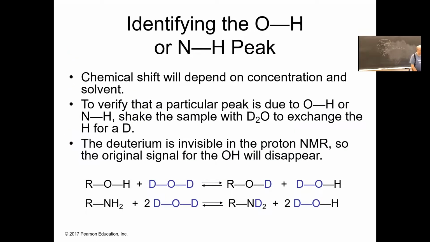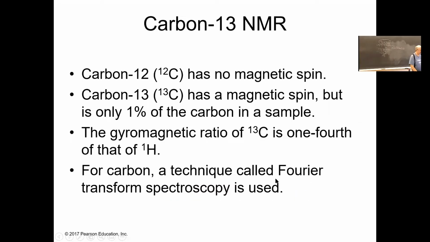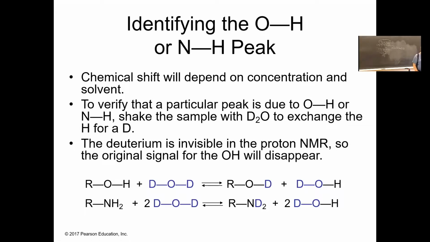And this is what I mentioned earlier. One way we can verify that we have an NH or OH peak is to shake the sample with a small amount of heavy water, deuterium oxide. And if that's the case, the signal will disappear. You might also mention that since deuterium doesn't show up in the proton NMR, we usually use deuterated solvents.